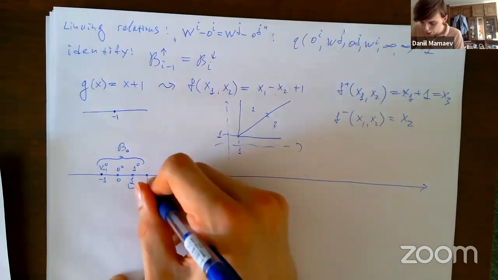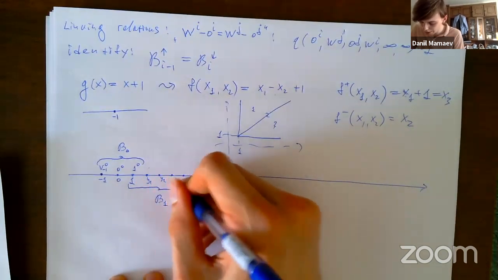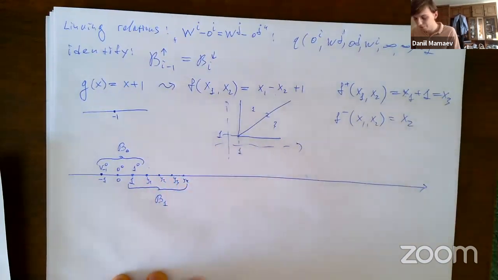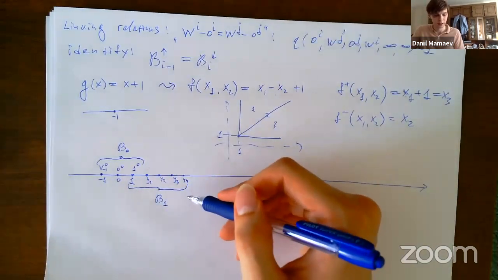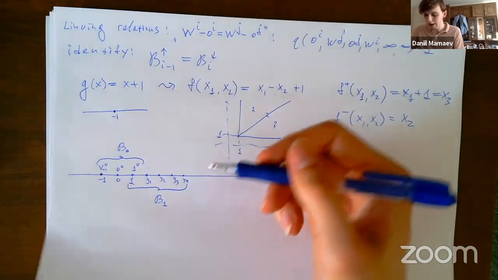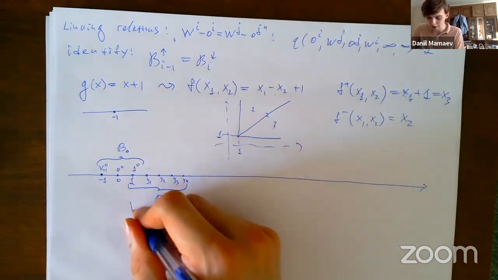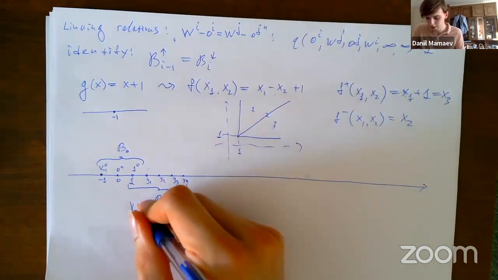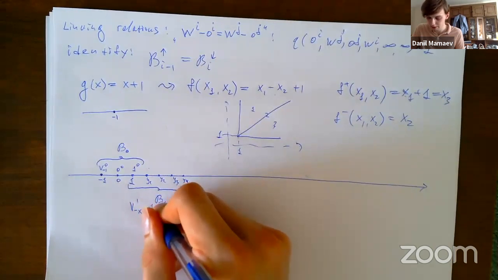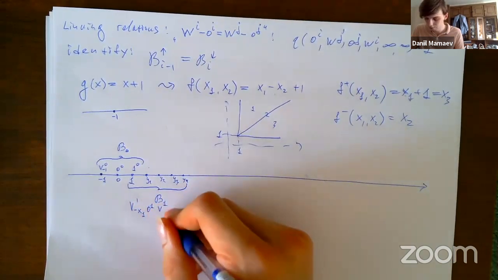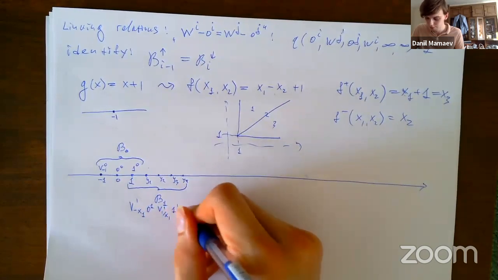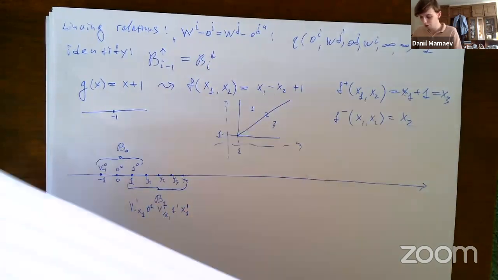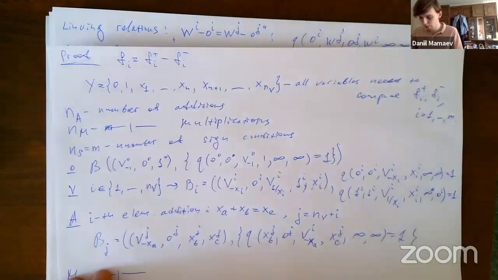Let's call them Y1, Y2, Y3, Y4. In this cluster, these variables have the following meaning, exactly as by definition.